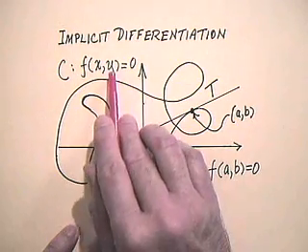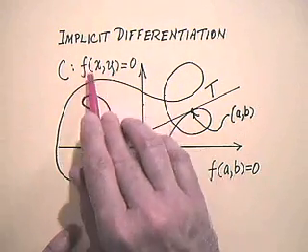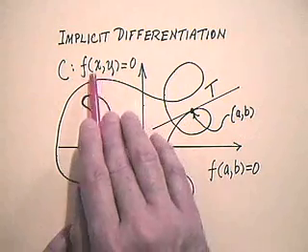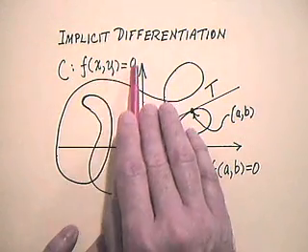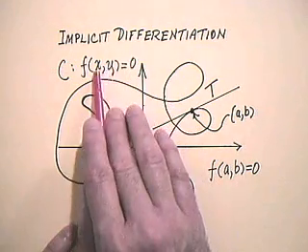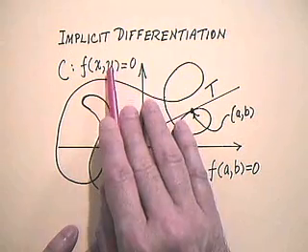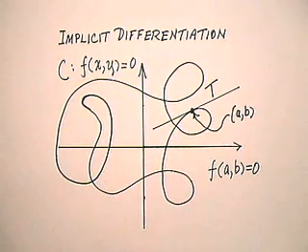If the y were replaced by that function of x, this would be an equation involving x alone, wouldn't it? If I differentiate that equation, then I have to get 0, but using the rules of differentiation, the derivative of that expression would appear in various places and we could solve for it. And that's the idea of implicit differentiation.